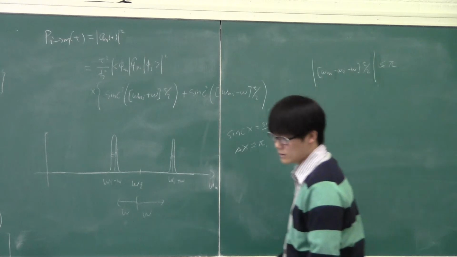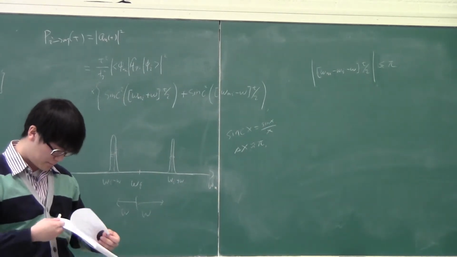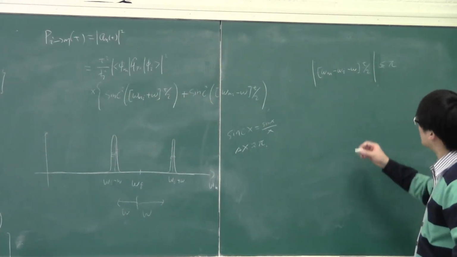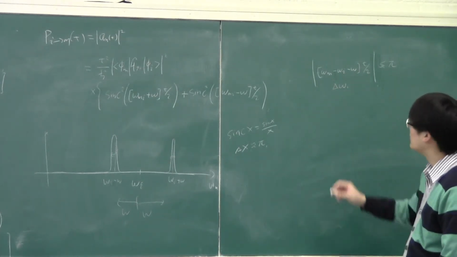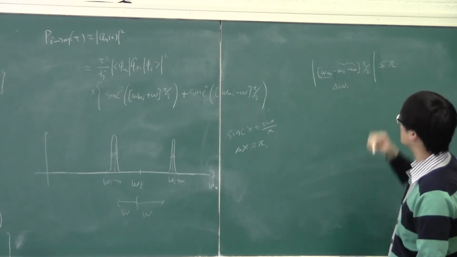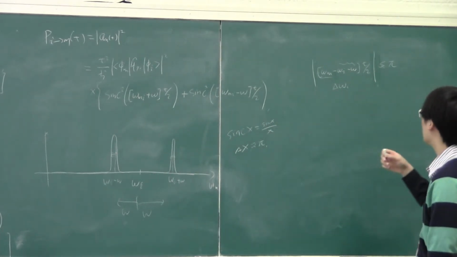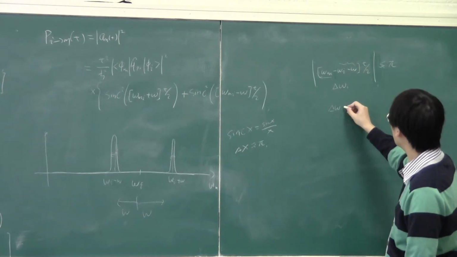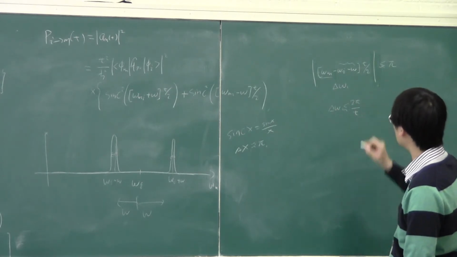Okay, and let me just copy down my folder. Okay, so I'm going to call this delta omega, because that is the difference between omega, the real omega m, and the transition frequency label over here. So this is delta omega. So you get that the delta omega is less than or equal to 2 pi over t.